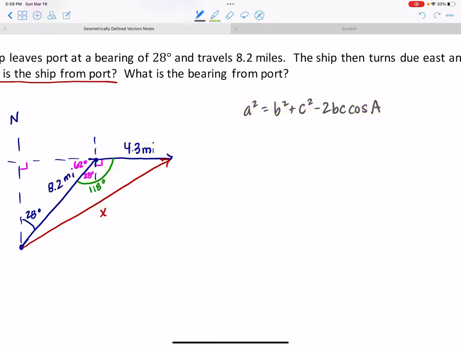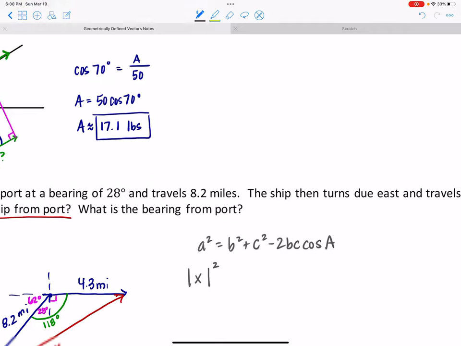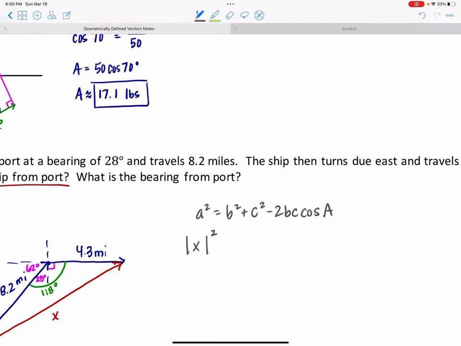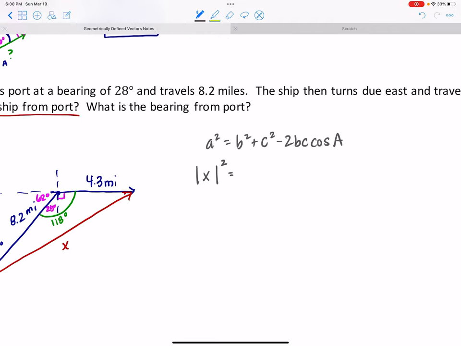Okay, so I'm going to say that the magnitude of x, although I could just call it x, it's the same, but because we have the terminology now, we can use this. The magnitude of x squared is going to be equal to 8.2 squared plus 4.3 squared minus 2 times 8.2 times 4.3, and then the cosine of 118 degrees.